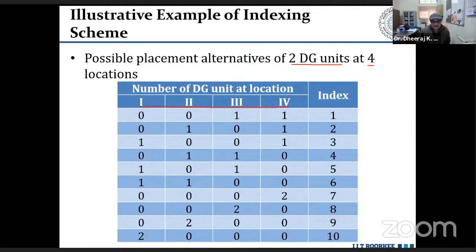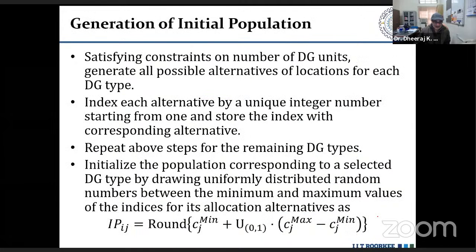Like here, 1 DG here, 1 DG here. So always we can see in each combination we have a total number of DGs equal to 2. So here we have a total of 10 possible combinations. So we have given a unique index to each combination, from 1 to 10. So instead of using these combinations, I am using these indices as the population in the solution vector.